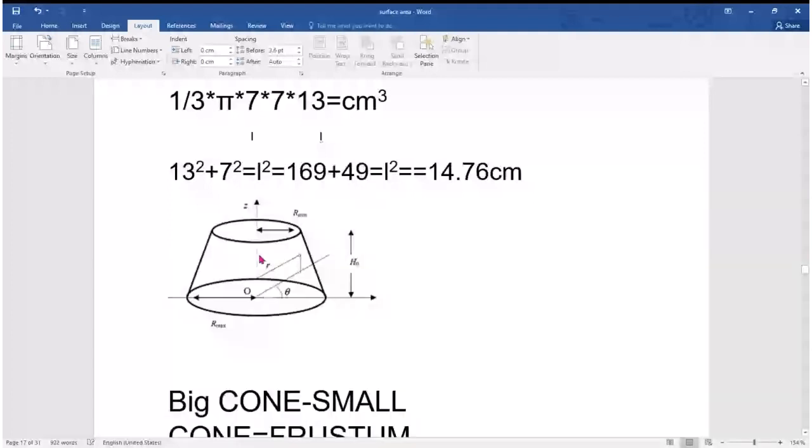I think now it is better. So I'm now left with a cone here. So this is a cone.